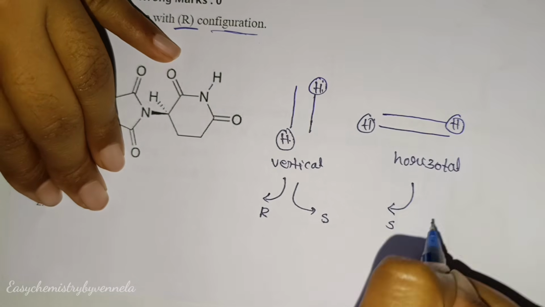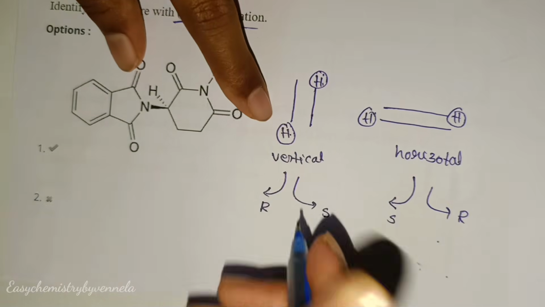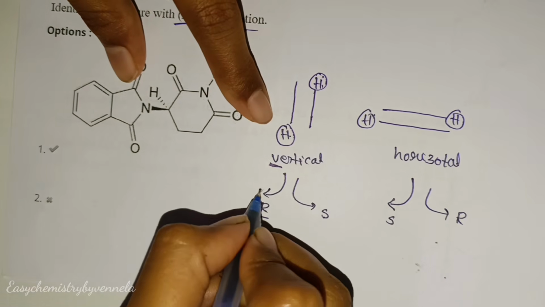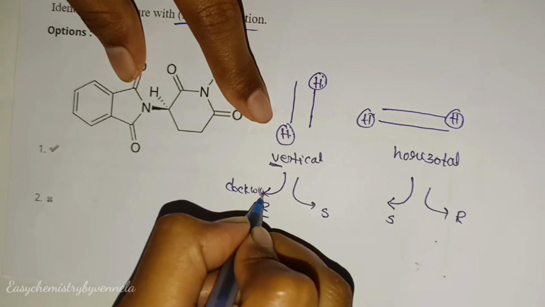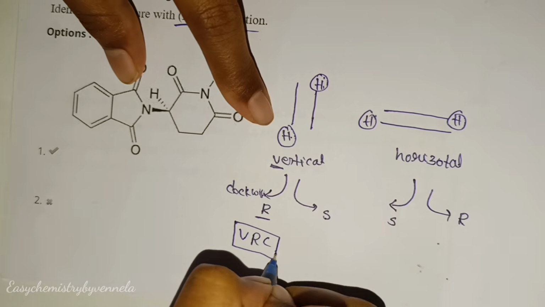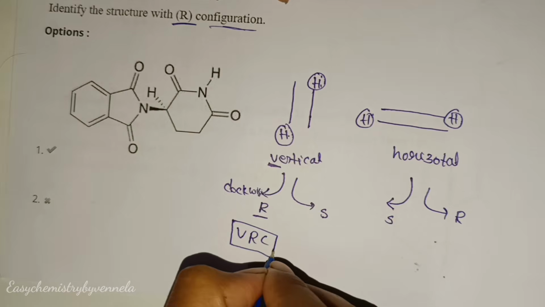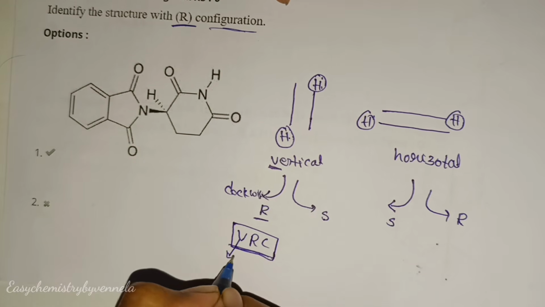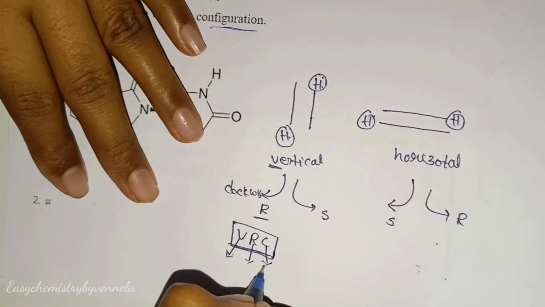Clockwise is S, anti-clockwise is R. Here you can simply remember VRC, V R clockwise. I think VRC is a well-known word because in Nellore the VRC center is famous. So that is why the simple trick is VRC. If it is vertical, that is R configuration and it is clockwise.